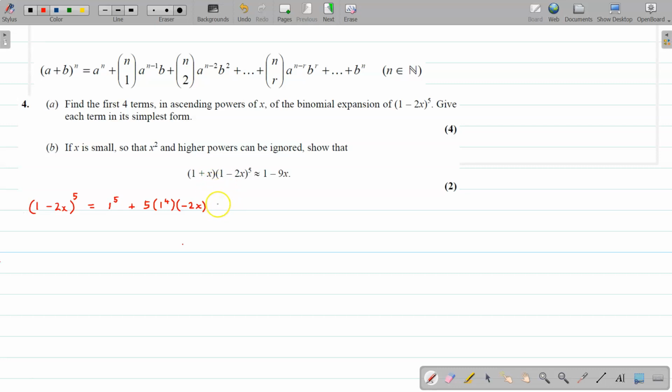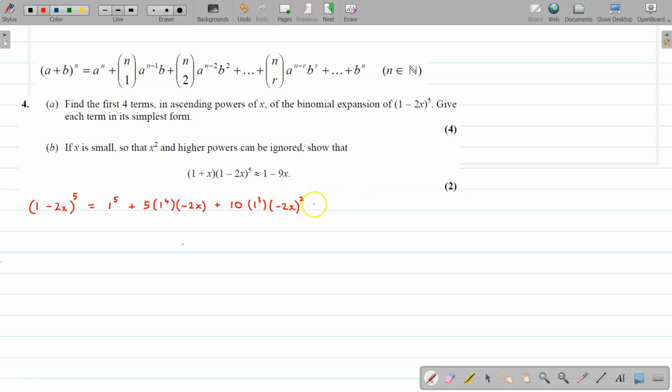And then we go on to the third term, which is 5C2, I beg your pardon, which is 10. That's 1 cubed, and that has to be multiplied by (-2x)^2. Be careful about the brackets and the negative sign there.